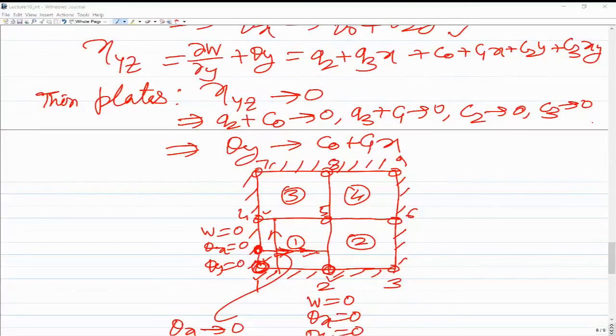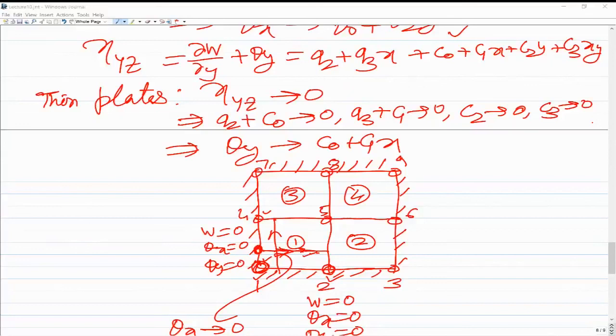Okay, sir. Sir, can you please explain the consistent interpolation and the methods to eliminate shear locking again? So I'm going to discuss in detail all these three techniques. What I was saying is, now you have gamma xz equals del w by del x plus theta x. So del w by del x is linear in y.